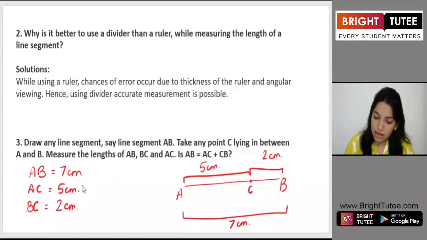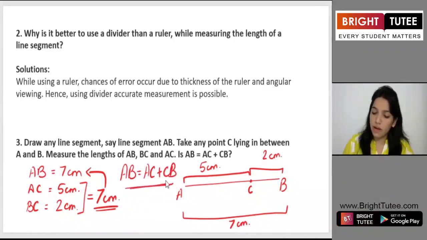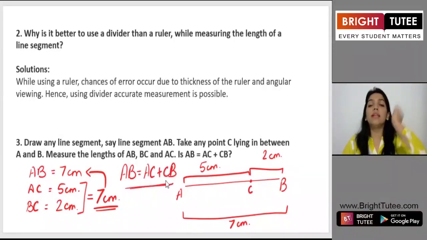So let us add AC and BC together. The answer is 7 centimeters. And this is the length of AB. So yes, it is true that AB is equal to AC plus CB. So this is verified when we have drawn the line segments of the given measurements.